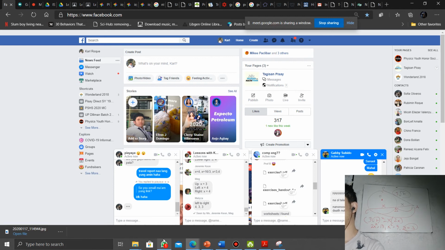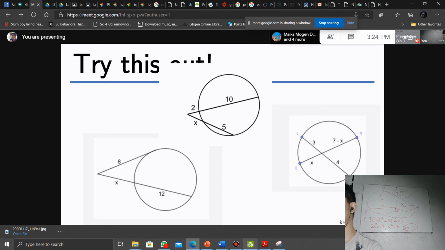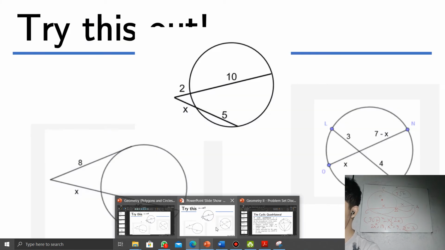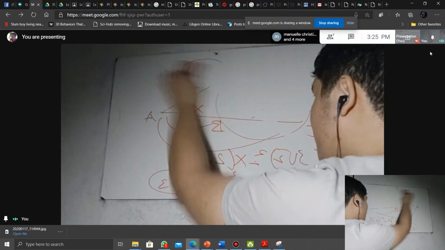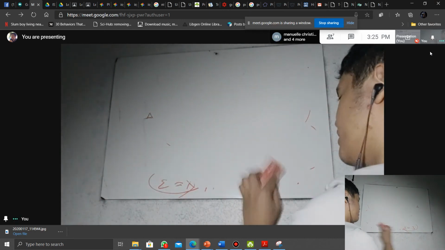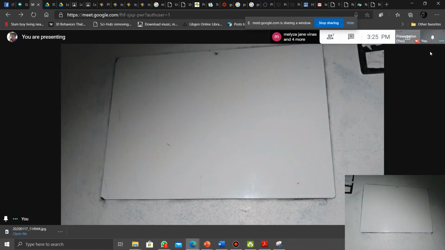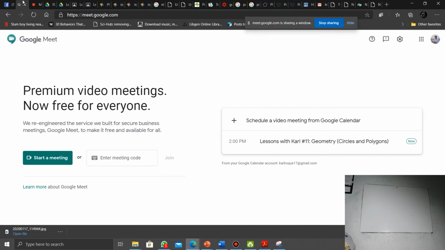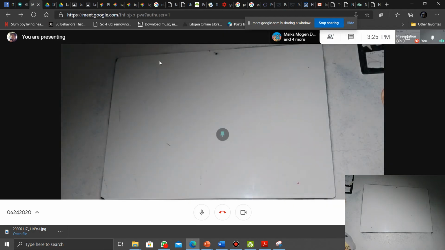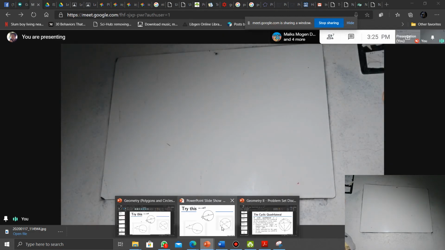Sige. Oh, let's discuss. Ganito. Paano kaya to? Okay? Sige, dun muna tayo sa pinaka-lower left, no? Sa lower left, ganito dapat. Kaya lang, sa lower left, ganito.